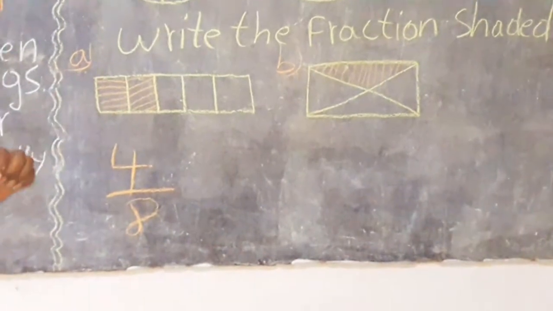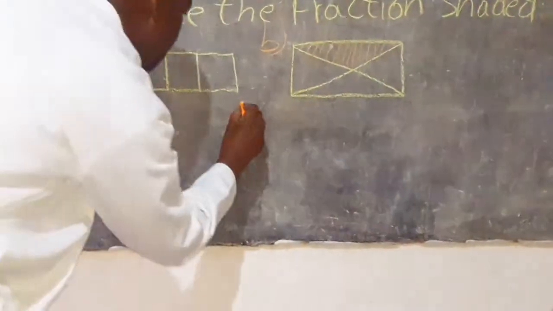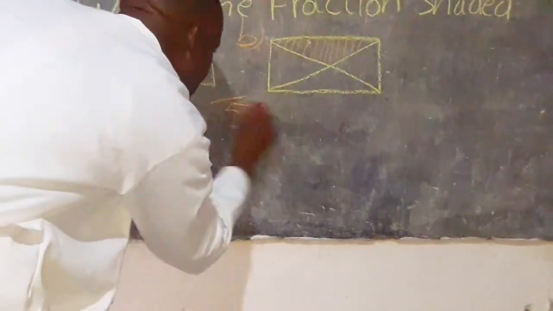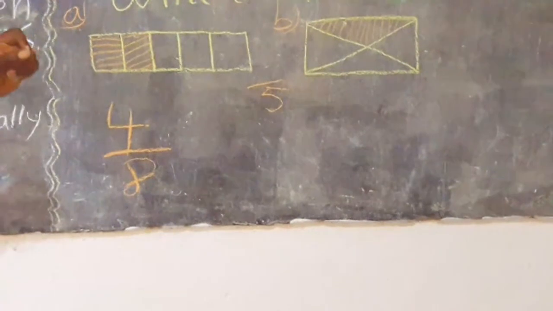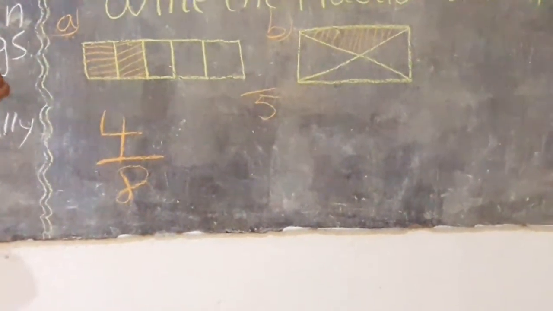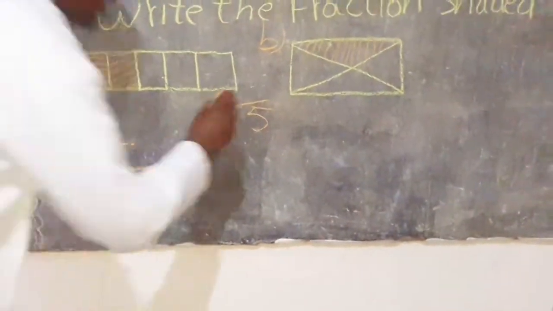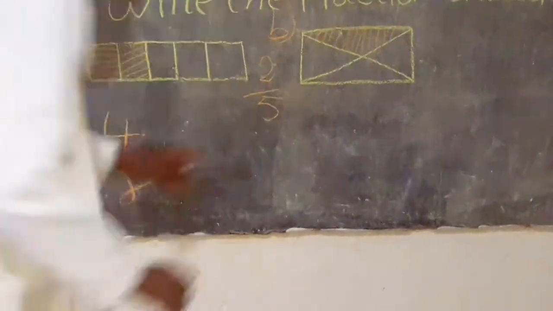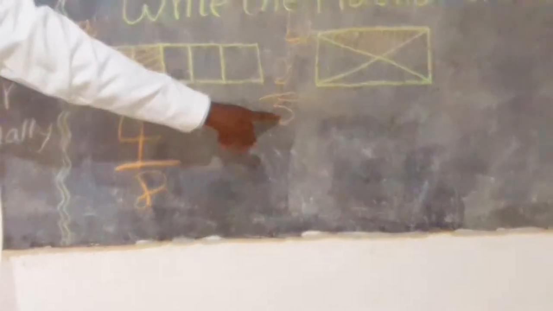That says denominator is 5. And how many parts are taken in 5 parts? How many parts? 2. 1, 2. Immediately, the fraction is this. 2 over 5.